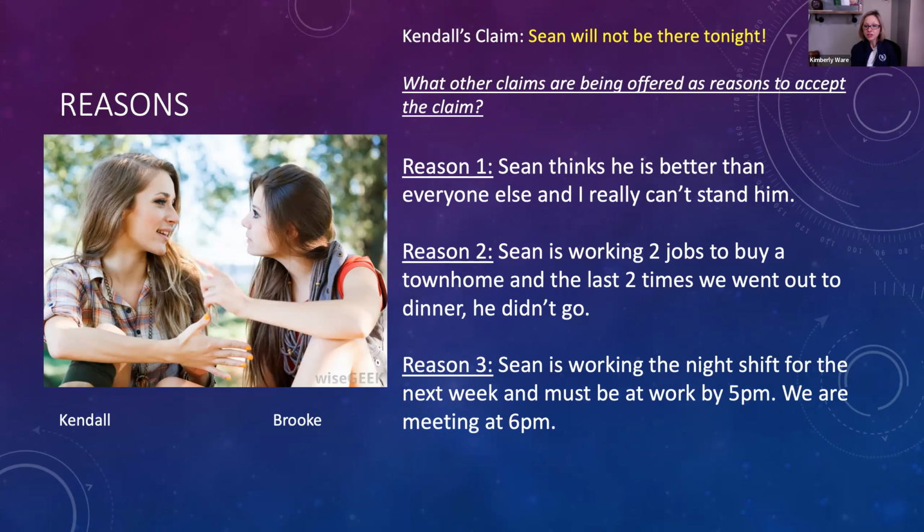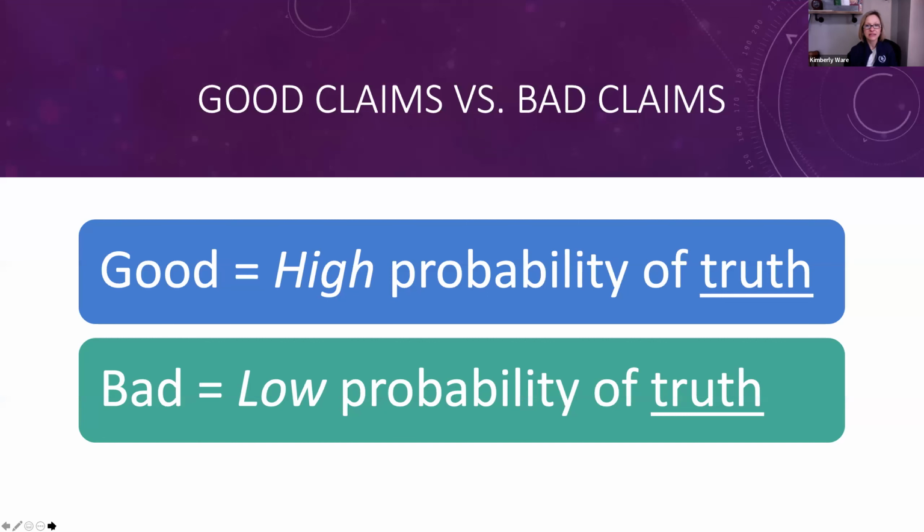Reason 3, Sean is working the night shift for the next week and must be at work by 5 p.m. We're meeting at 6 p.m. So Kendall has offered 3 reasons. Remember, I've said there are good reasons and bad reasons. Let's dive a little more deeply into this. A good claim has a high probability of truth, and a bad claim has a low probability of truth.